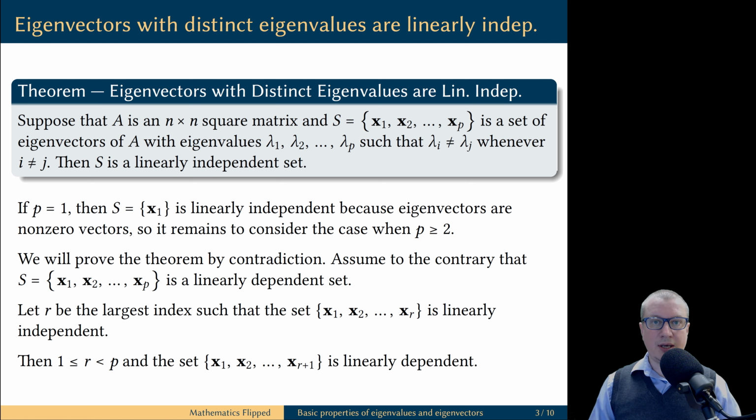This change in behavior must occur because we start with a linearly independent set, it only contains x1, and we end up with a linearly dependent set. This means at some point the set did become linearly dependent.